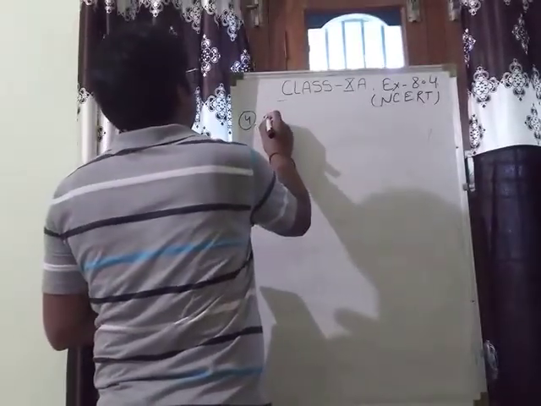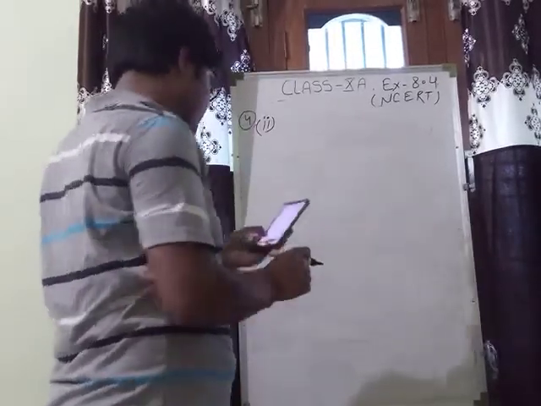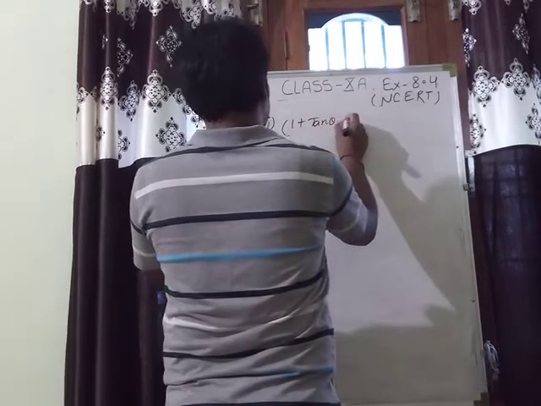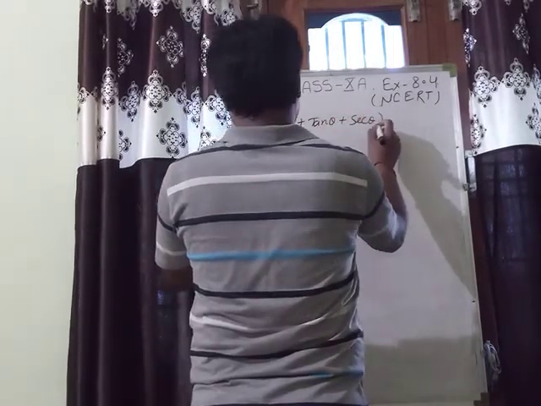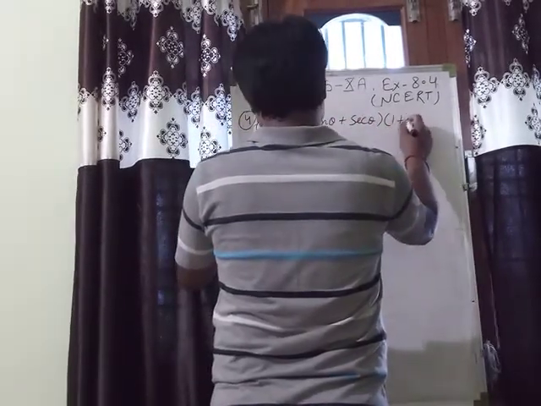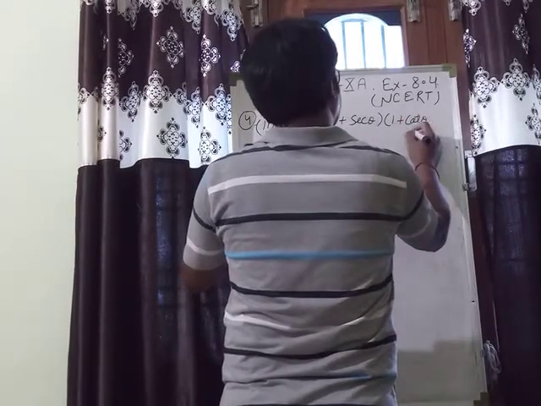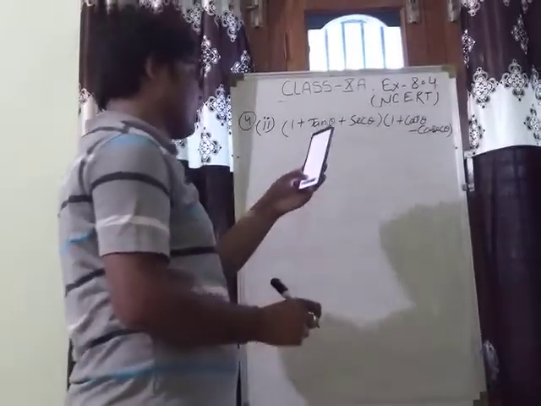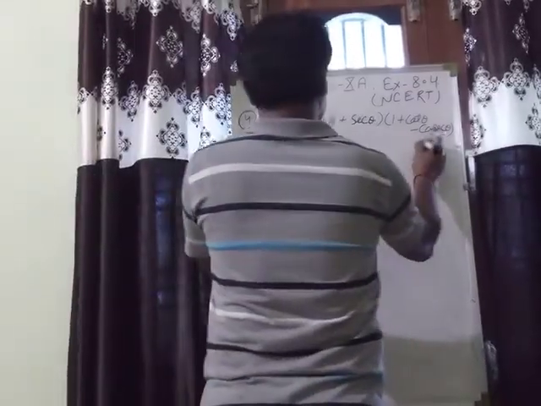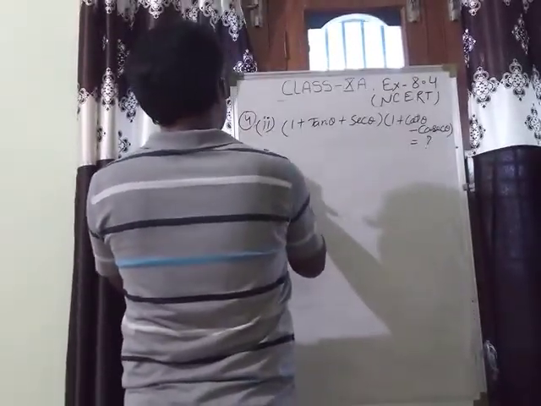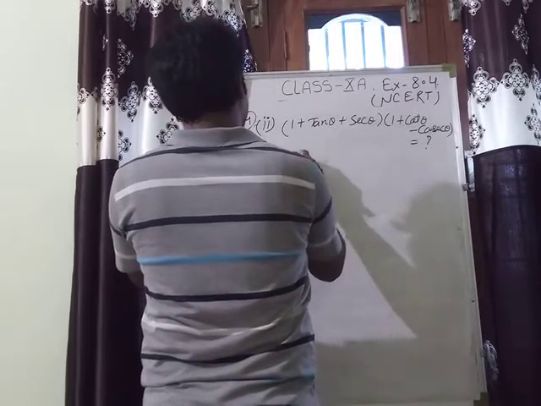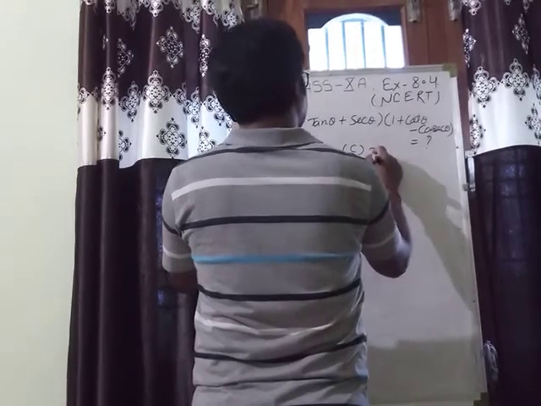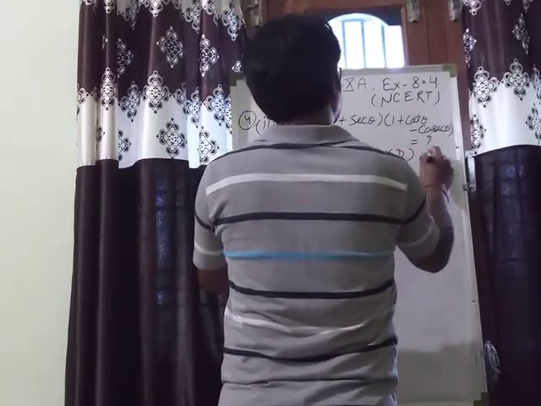Second one, 1 plus tan theta plus sec theta into 1 plus cot theta minus cosec theta is equal to what? Options are A 0, B 1, C 2, and D minus 1.